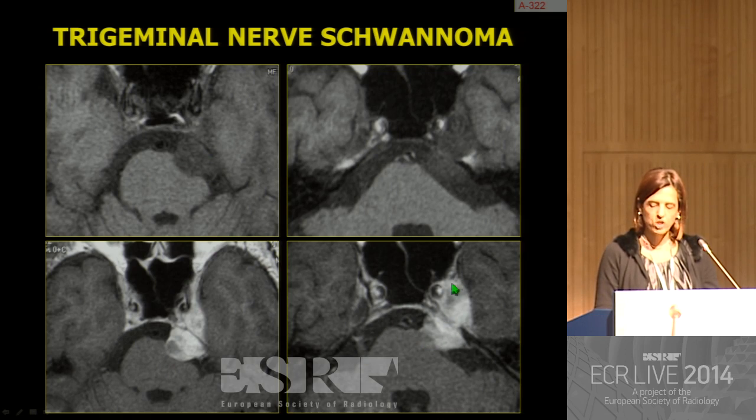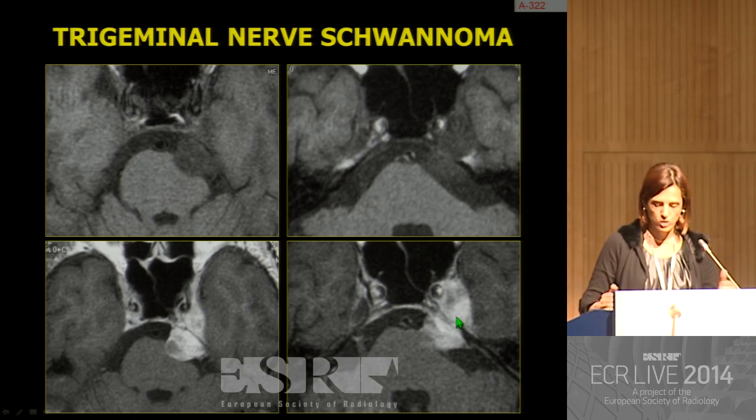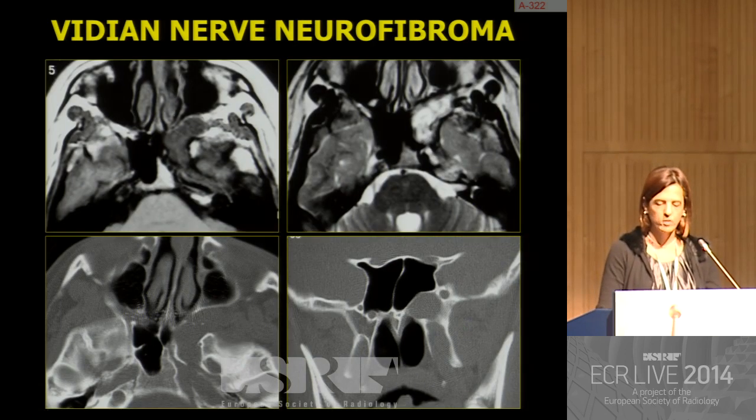Actually, it has a dumbbell shape. It has a posterior fossa component here in the lateral pontine cistern, and then it has a middle cranial fossa component which is obliterating Meckel's cave, which can be seen on the normal side here, and the lesion has a small waist at the region of the porus trigeminus, which is the dural opening for the trigeminal nerve.